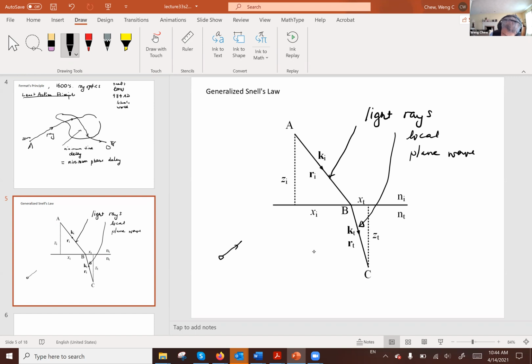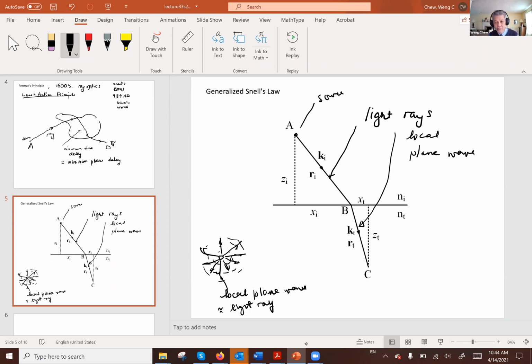Because you can think of a source. If the source is producing a wave, it produces a spherical wave. If you observe at this point, you essentially see a local plane wave. A local plane wave is just a light ray.